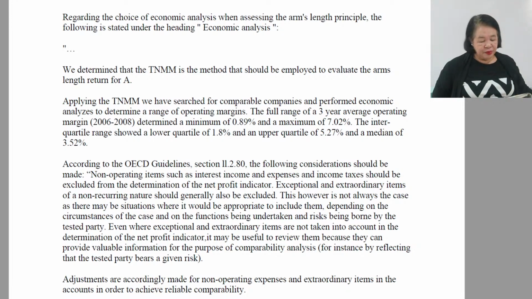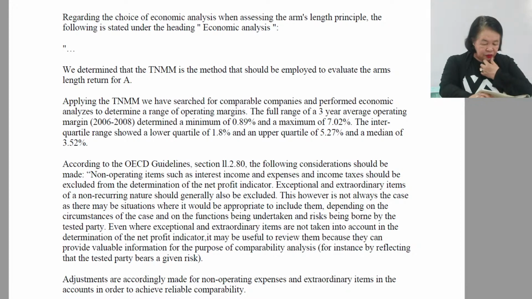So regarding the choice of economic analysis, when assessing the arm's length principle, the following is stated under the heading economic analysis, no? We determine that the TNMM is the method that should be employed to evaluate the arm's length return for A. Okay. So applying the TNMM, we have searched for comparable companies and performed economic analysis to determine a range of operating margins.